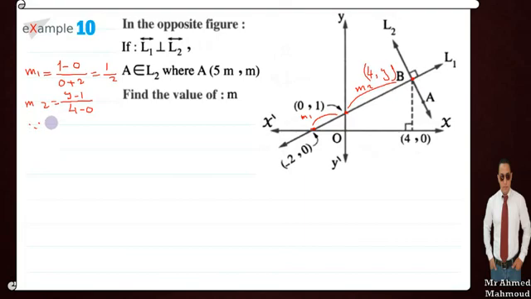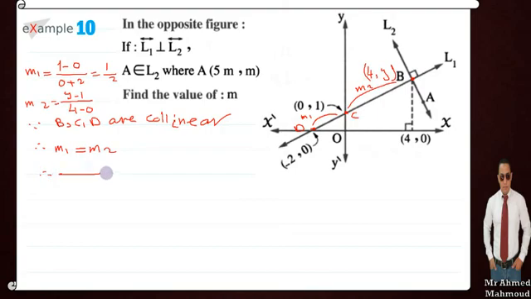Since the 3 points are collinear, I will call this point C, for example, and this one point D. Since B, C, and D are collinear, and collinear means they lie on the same straight line, therefore M1 equals M2.